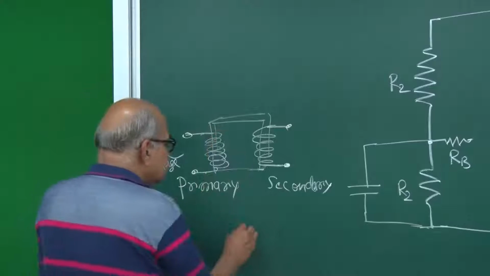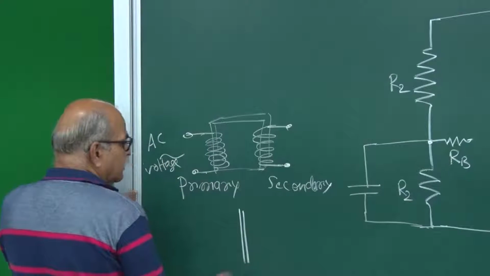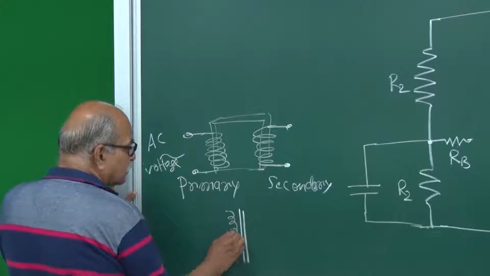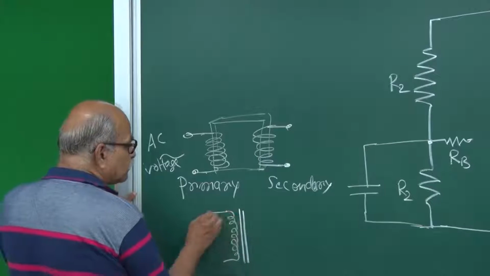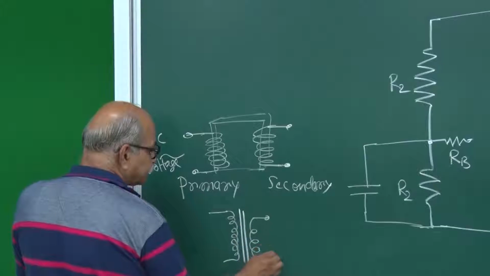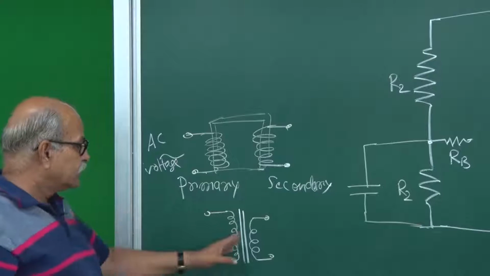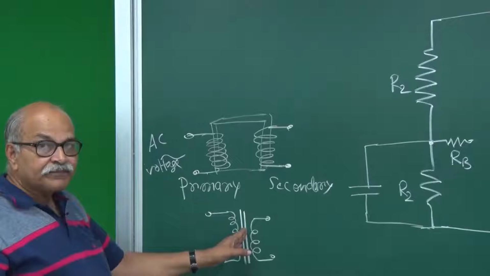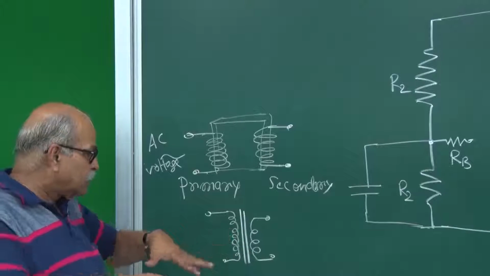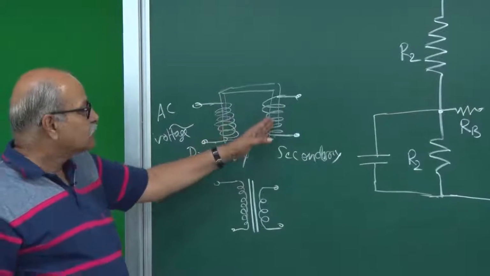And the symbol for this is, you draw two vertical lines, and then you show the primary here and you show the secondary here. So this is the symbol. These two vertical lines represent that core, which is the bridge for sharing magnetic field between this coil and this coil.